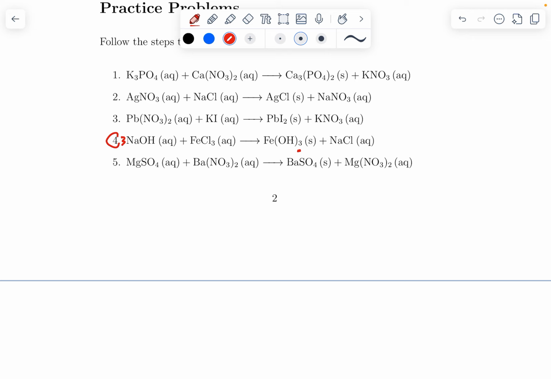But then that breaks this problem. This sodium over here, there's only 1. So I'm going to put a 3 here, and now my sodium is balanced. But guess what? As a bonus, that gives me the 3 chlorines I need for this as well. So now it's balanced. Make sure you balance these before you go to dissociate. It makes it a lot cleaner.